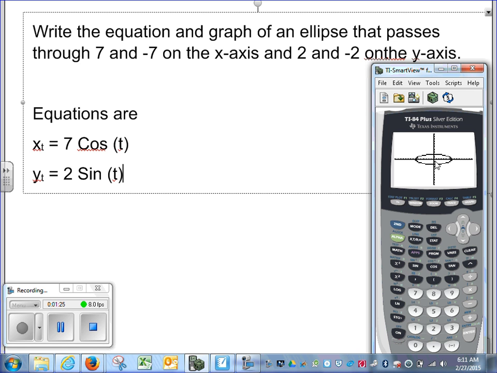So there's my graph. The 7, if you think about this in terms of cosine, so if I take 0 and put it in for cosine, let's go take a look at the table. 0, let's go up by, let's say 30 degrees.